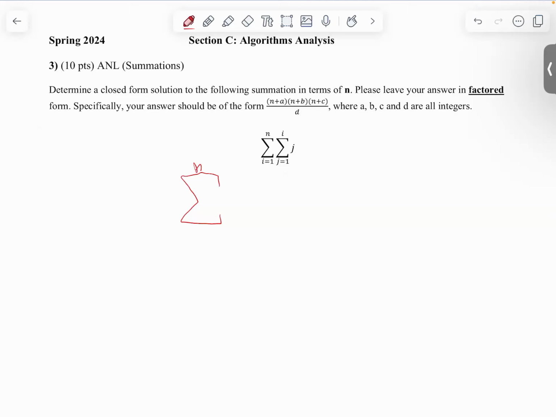Okay. Our summation becomes the sum from n equals 1. And we take our upper bound, so watch out for this. Don't just plug in n, plug in your upper bound i here, which is going to be i times i plus 1 over 2.